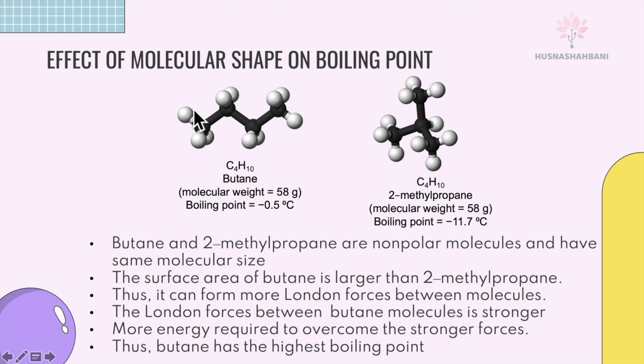When the London force is stronger, you need more energy to overcome the forces, meaning it has a higher boiling point. The boiling point of butane is negative 0.5 degrees Celsius. The 2-methylpropane is negative 11.7 degrees Celsius. Thus, butane has the highest boiling point because it has bigger surface area, even though they are the same molecular size.